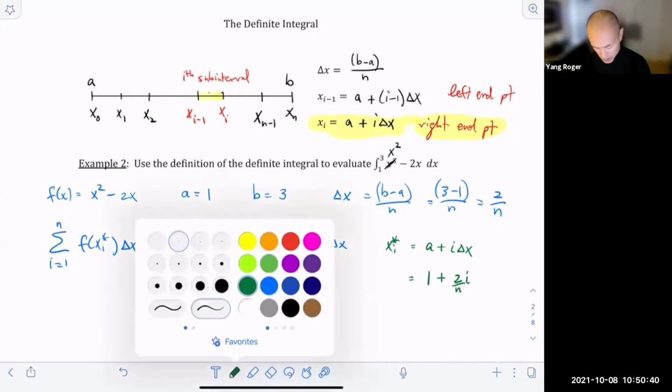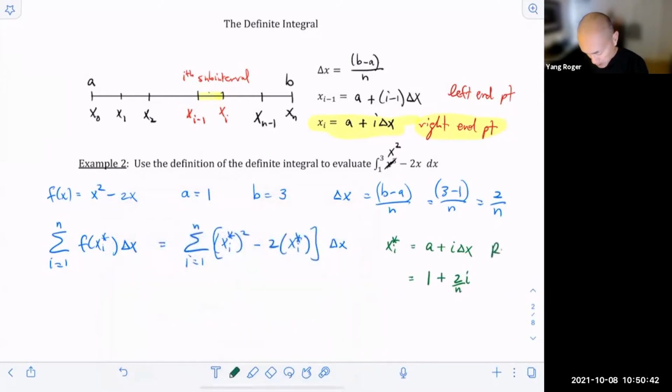And this is because we are using the right endpoint. Does that make sense to you all? I put the i in the back instead of in the front of that term. I generally like to have my variables in the back and the constants in front. Does anyone want to ask me anything?